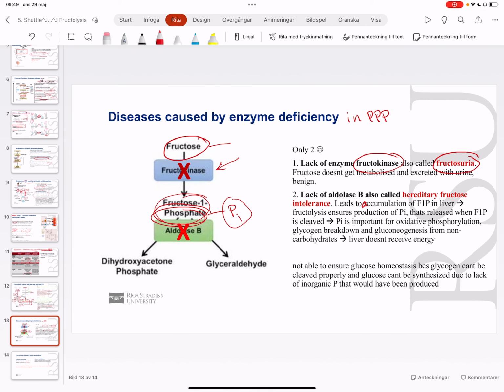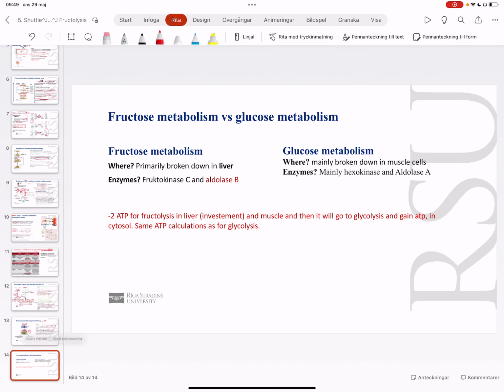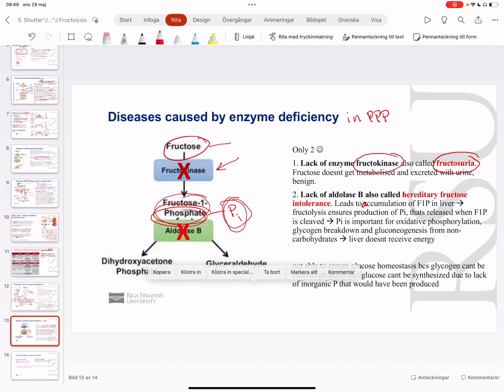And also this phosphate is important for glycogen breakdown, which is the next lecture, and gluconeogenesis. So this is what can happen, and for people with this disease, they just have to avoid fructose. It's bad. I don't think there is a cure. Yes. So basically, it will stay attached to the phosphate.